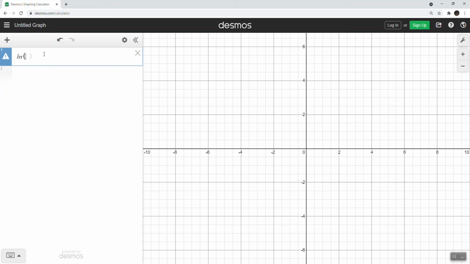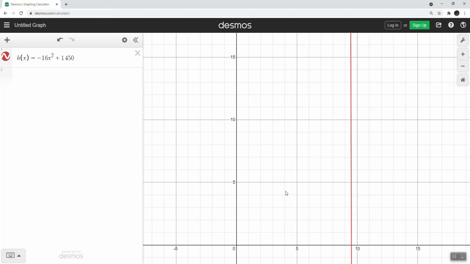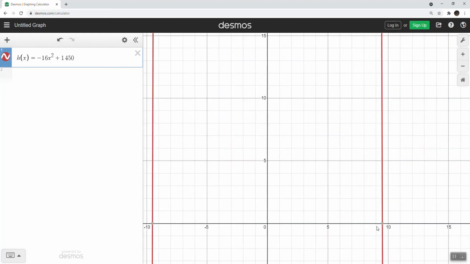Desmos tends to prefer x's over t's. And our function was negative 16 t squared, notice I'm using x, plus 1450. Now, whoops, I got an equal sign there. We're not particularly interested in the graph right now, although that is all of the ordered pairs. What we want is the table.